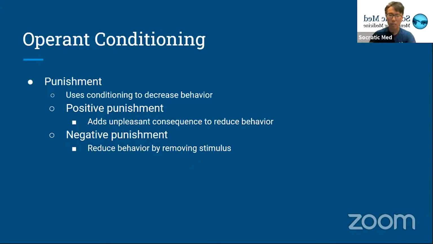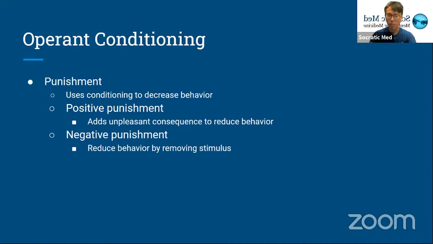For example, we can discourage bad behavior in school by threatening detention. That would be a positive punishment. We're trying to decrease the bad behavior by adding detention and staying after school and other things like that. While negative punishment is reducing behavior by removing a stimulus.